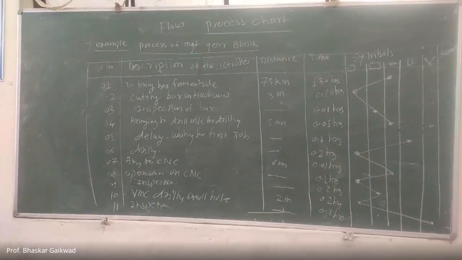Then how much distance was covered by that material and how much time was taken to move that distance, it is shown on this table. And here we have used all five symbols.